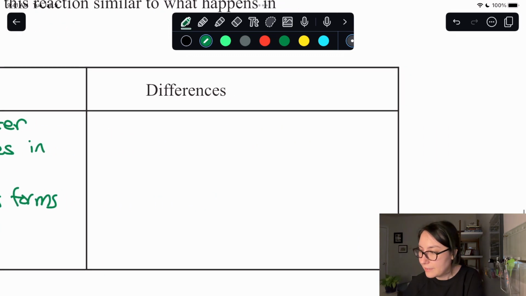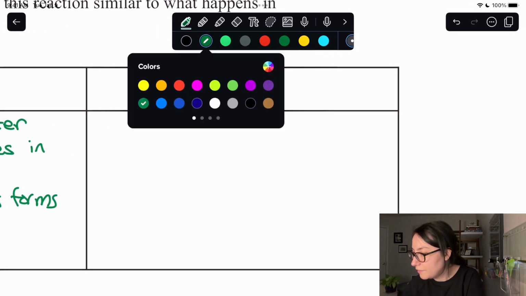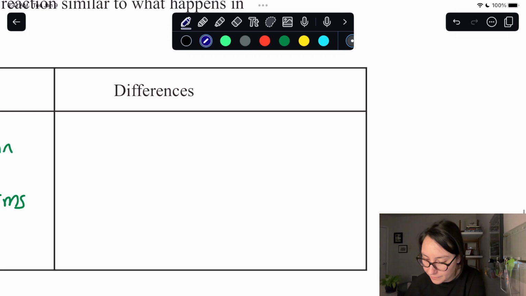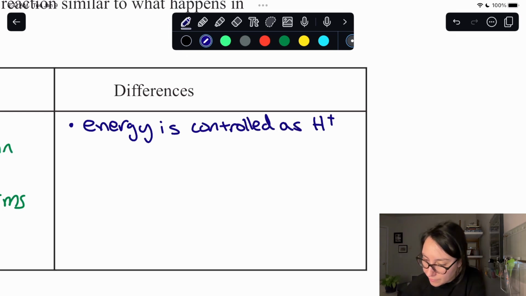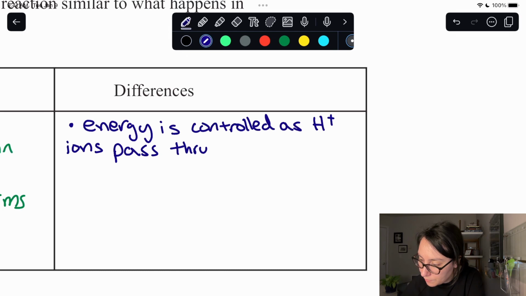Perfect. Now for the differences. Let's do that one in a darker blue. Differences. Energy is controlled as these H proton ions pass through ATP synthase.